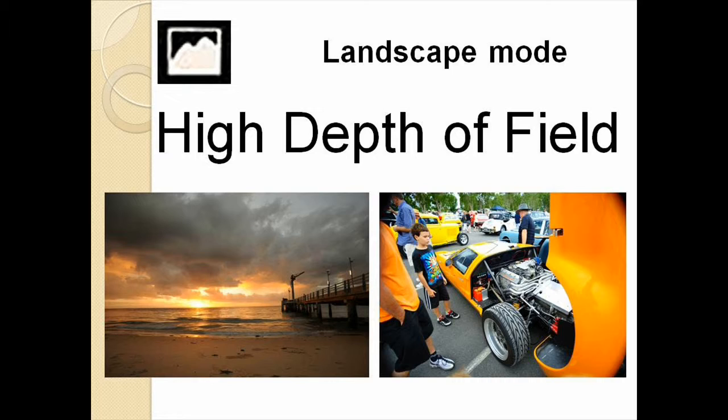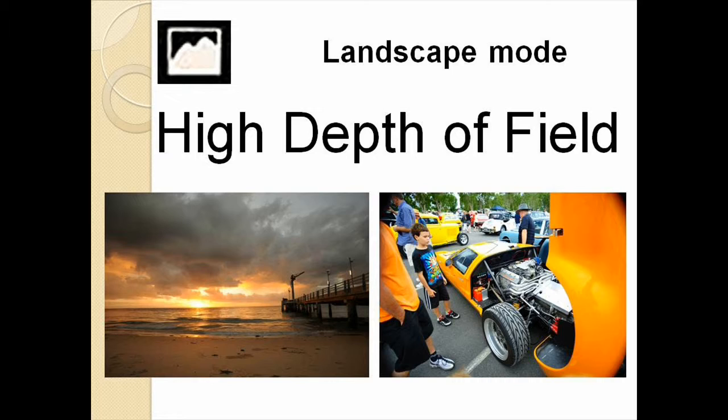A high depth of field shot is characterized by the foreground being nice and sharp, the midground all the way to the horizon, nice and sharp. High depth of field, and we achieve that with landscape mode. The Lumix cameras call it scenery mode. And it's designated usually by mountains and clouds and things like that.